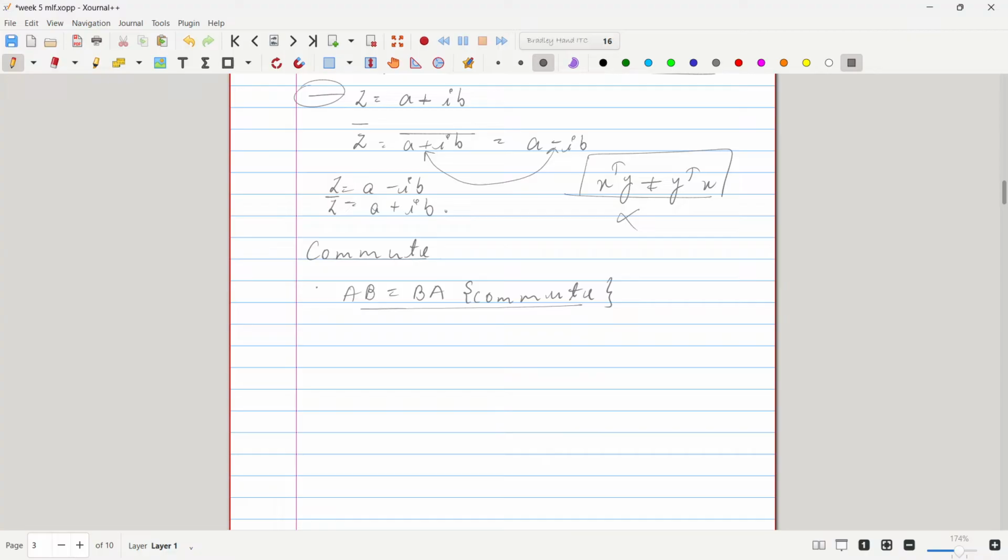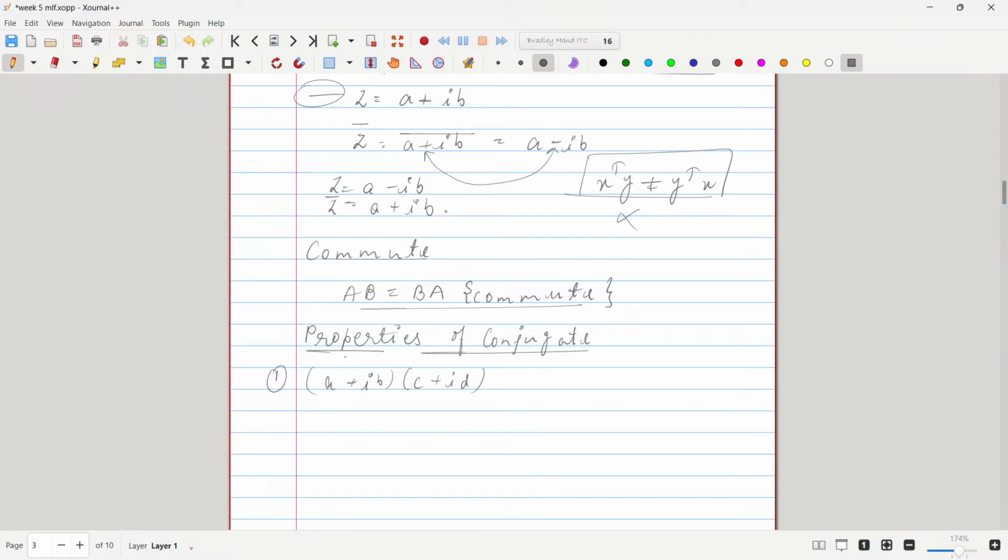Now there are also some properties of conjugate. Suppose you have a plus iota b, and you have to multiply it with c plus iota d.